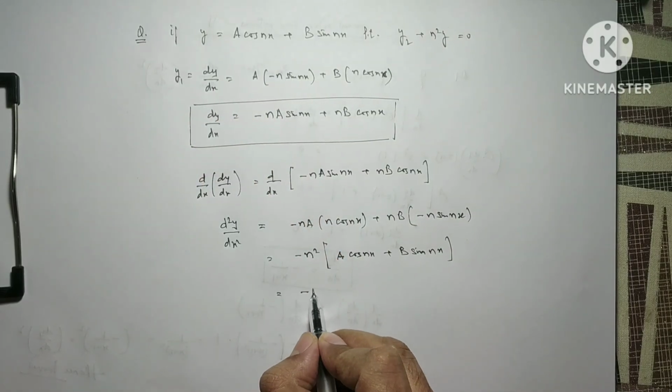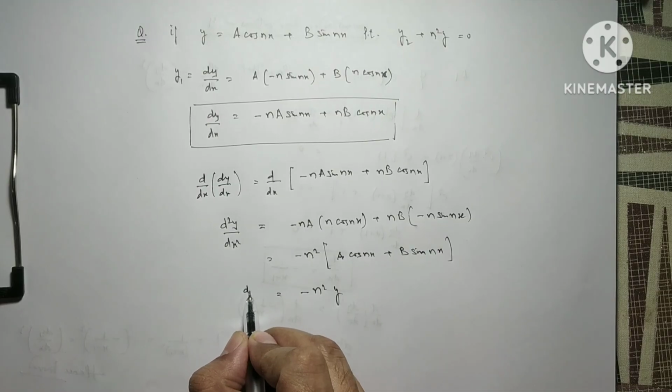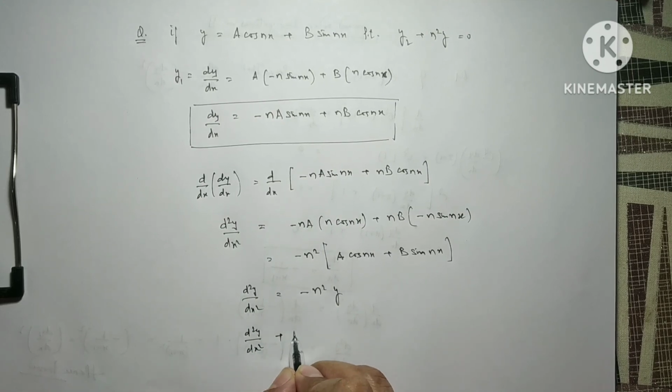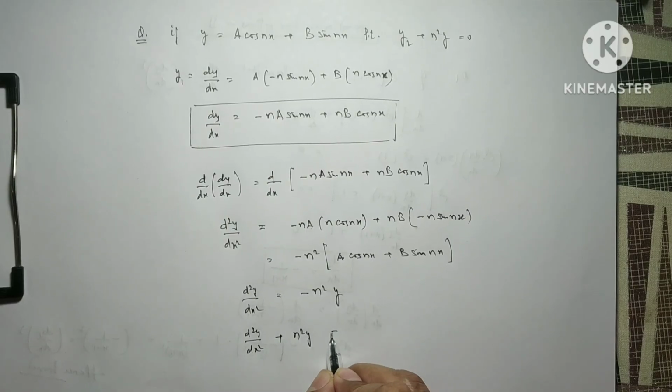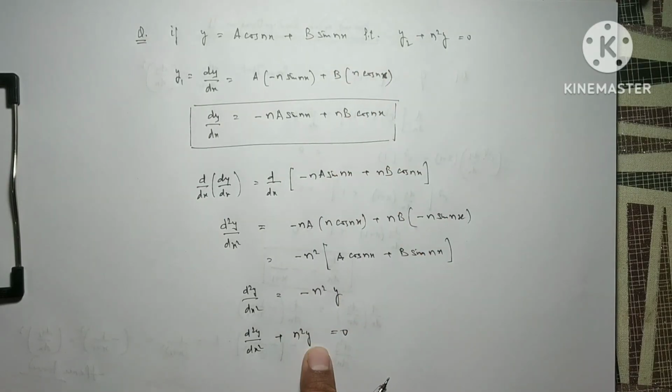So this is minus n square y, and there is d2y over dx square. So d2y over dx square plus n square y equals 0; this is the required expression. This is the proving condition, so hence proved.